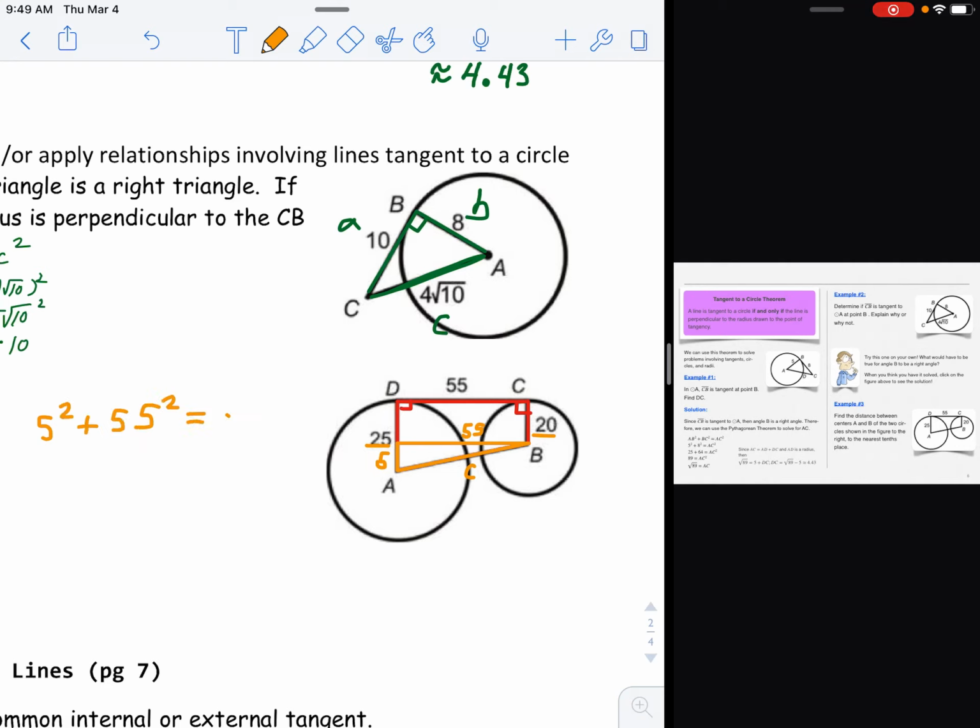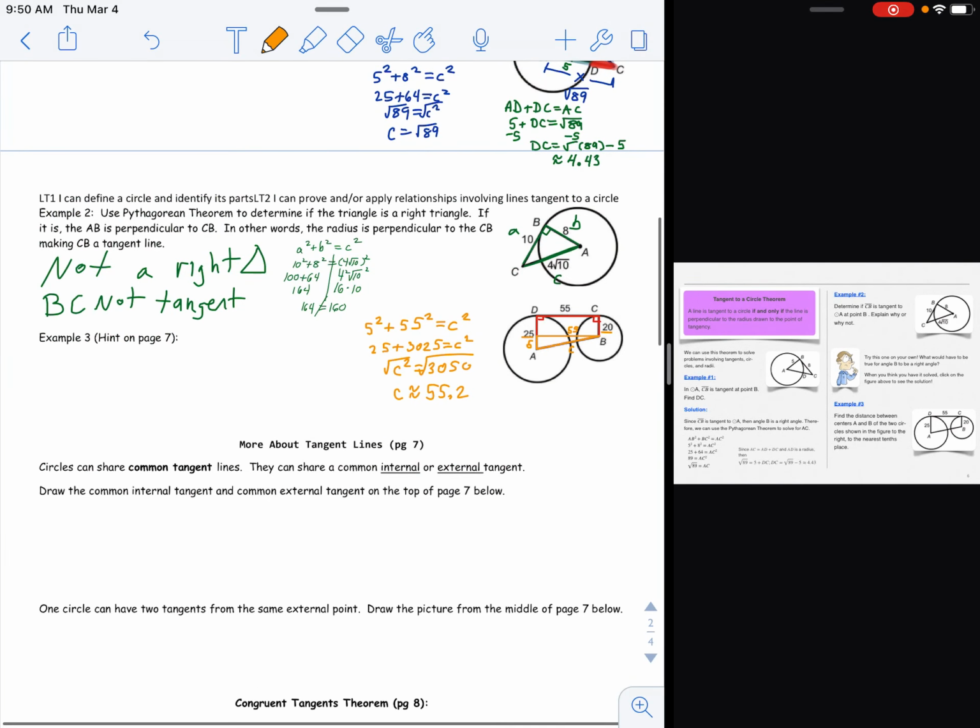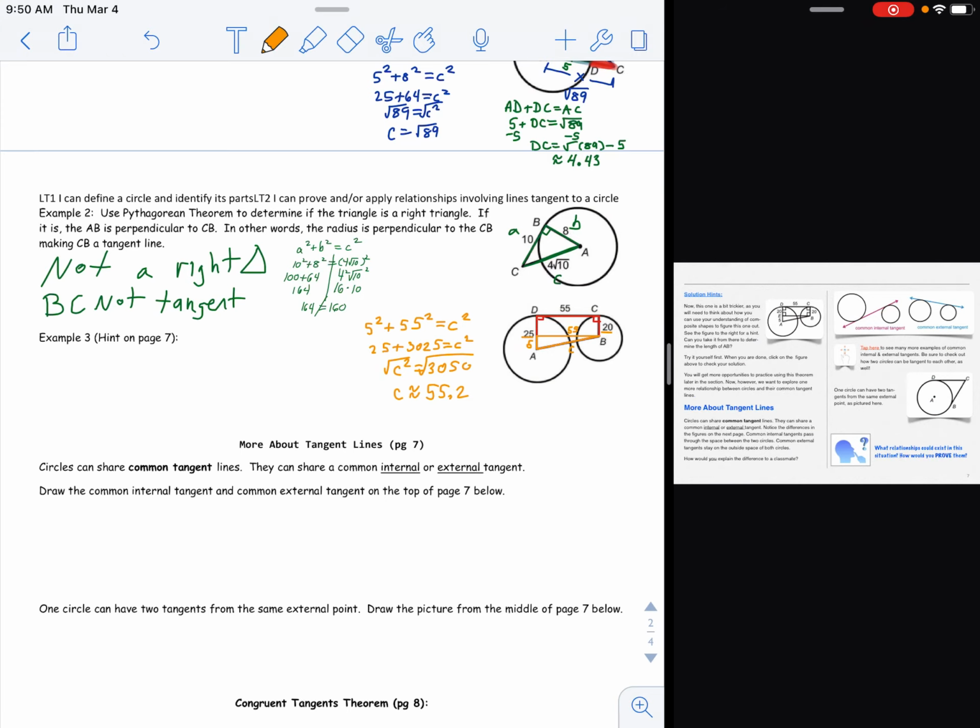We've got all kinds of different places we can use it. 55 squared was that big number, plus 25 to both sides. C squared is going to equal 3,050. And it's going to be approximately, this one we want an approximate answer, about 55.2. Okay, cool beans.